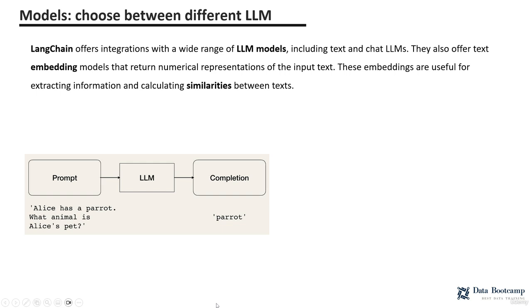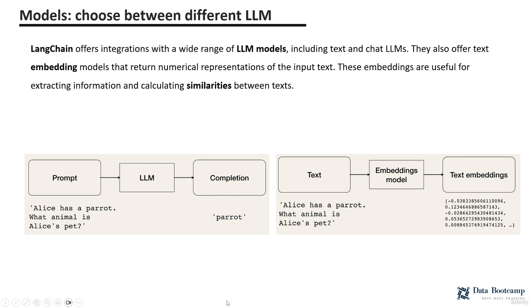We have the embedding models available as well. These models take text as input and return a list of numerical values, known as embeddings. These embeddings are the numerical representation of the input text. These numerical representations help extract information from the text, which can then be used to calculate similarities between texts or generate summaries.